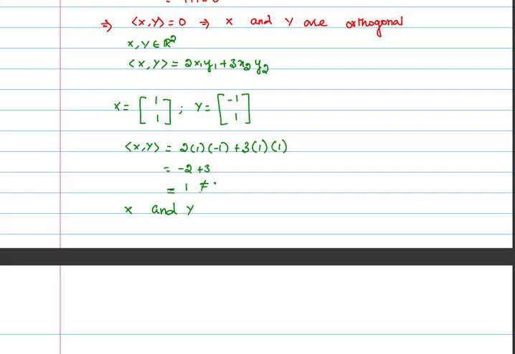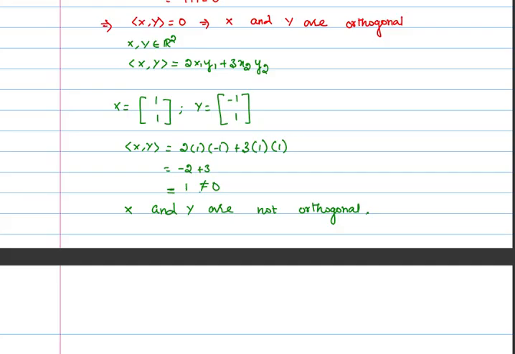This is not equal to 0, so x and y are not orthogonal. So two vectors that are orthogonal in one inner product need not be orthogonal in another inner product.